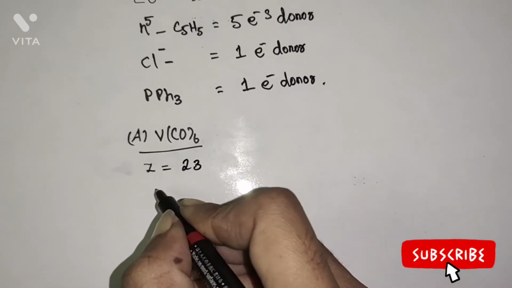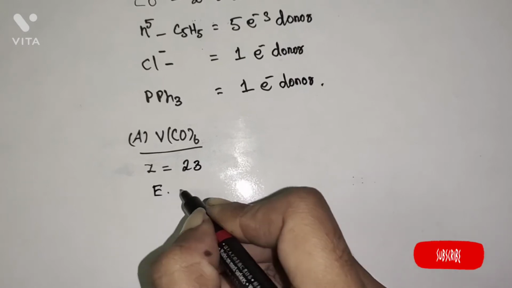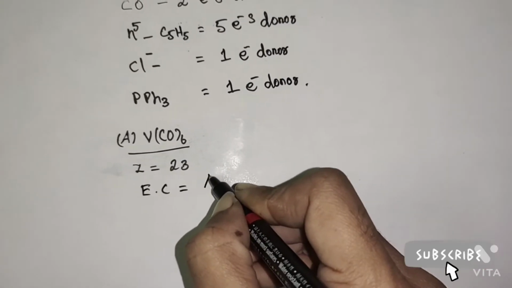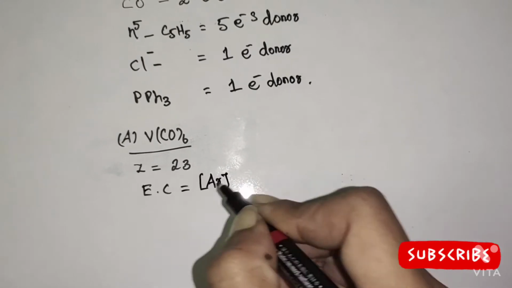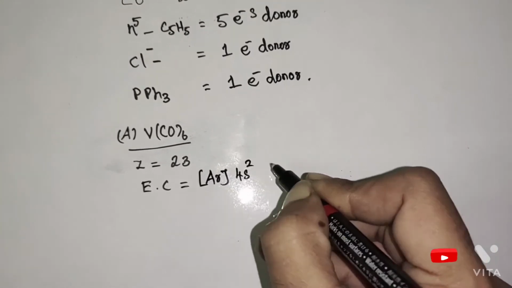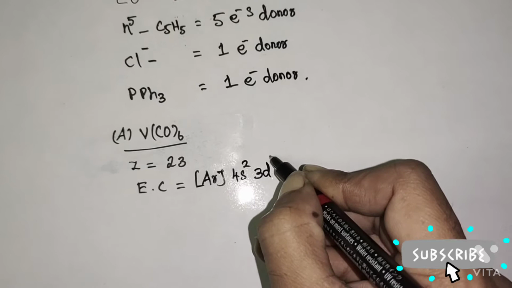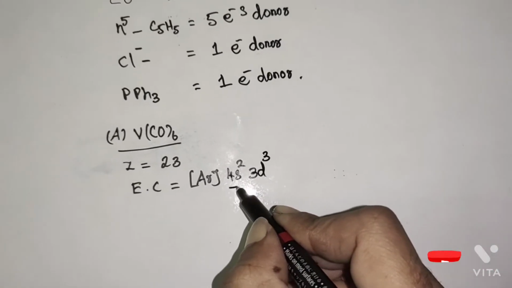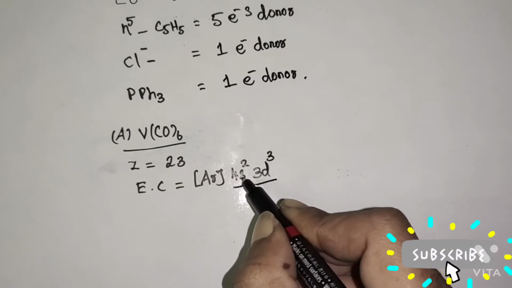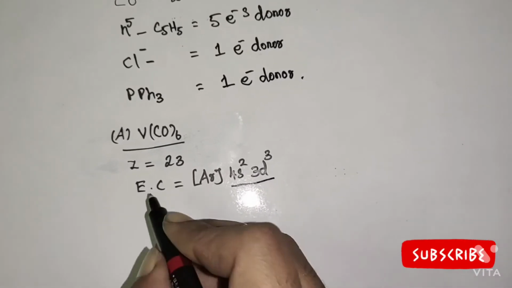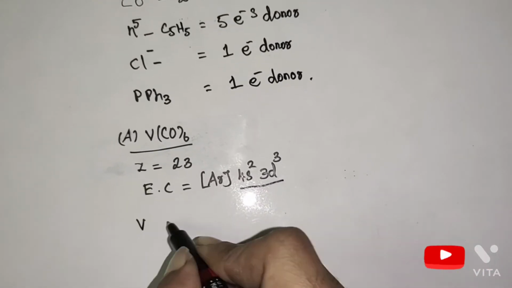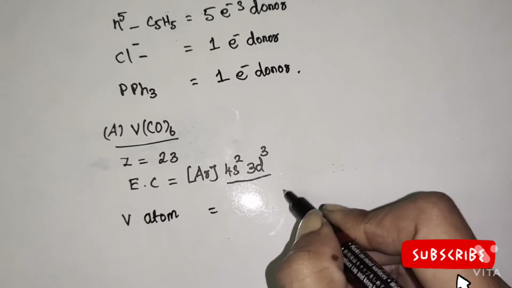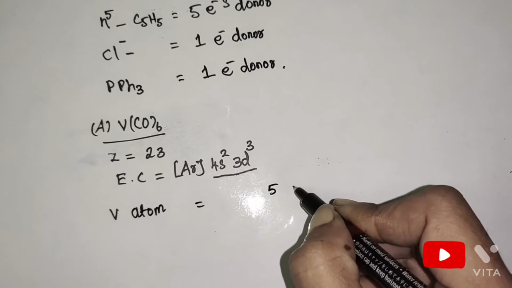The electronic configuration of vanadium is argon 4s2 3d3, so 5 electrons are present in the outermost orbitals.